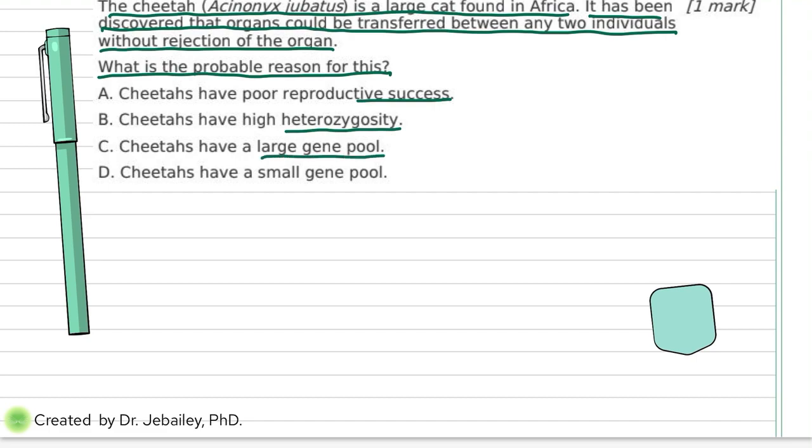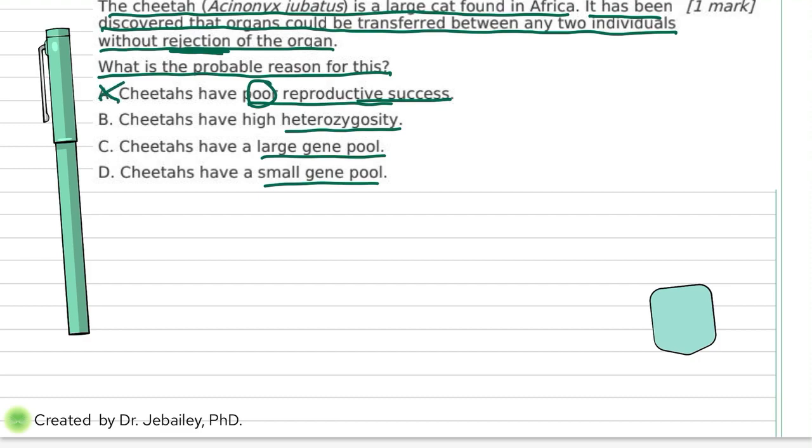Cheetahs have a large gene pool. Or cheetahs have a small gene pool. So what could be the reason for that? Obviously, it has nothing to do with poor reproductive success. Why? Because it says here it has been discovered that organs can be transferred between any two individuals without rejection. So it has nothing to do with reproductive, and it's definitely nothing to do with the poor.